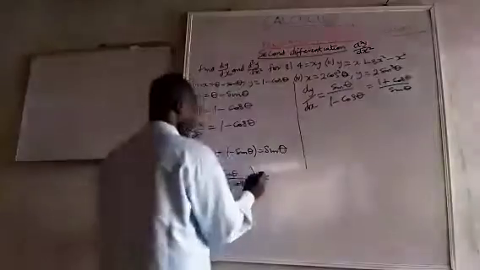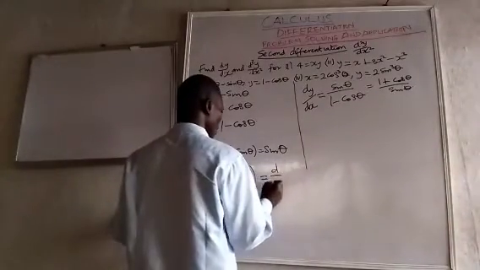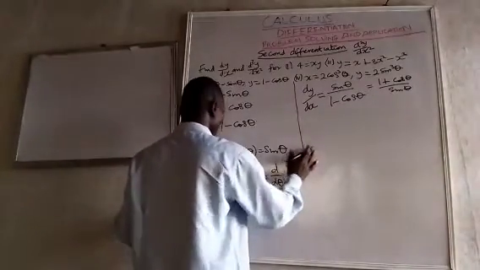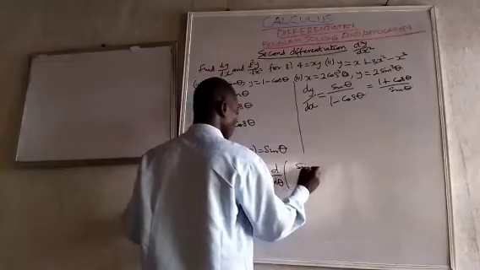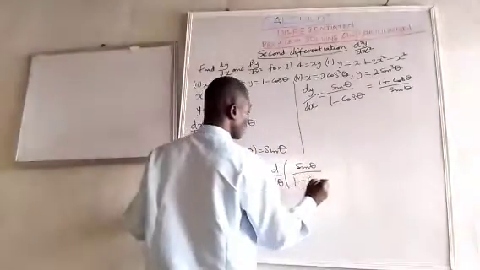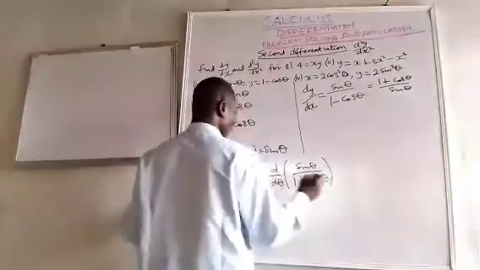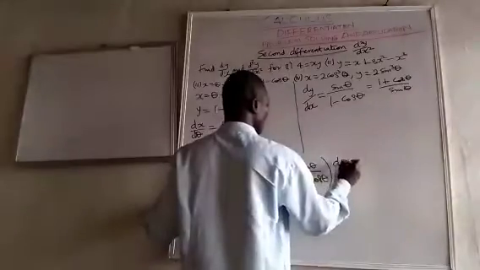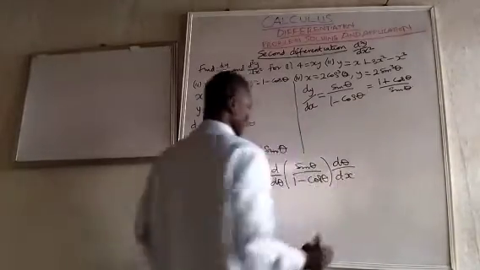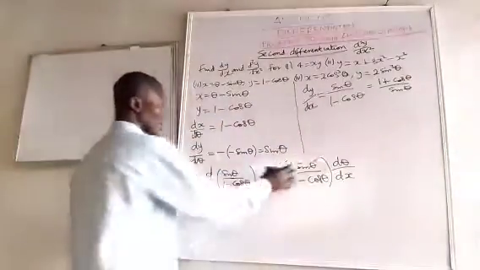So we have to look at another way of doing it, which will involve chain rule. And that's going to be d d theta of sine theta over 1 minus cos theta, times d theta dx. That's it. So let's quickly do this one.